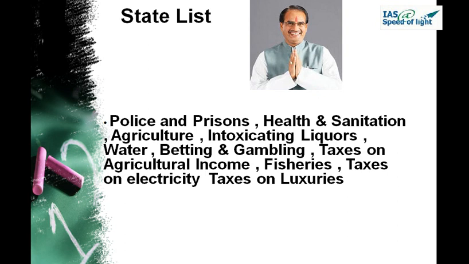So police and prisons. Health and sanitation, he is a health freak, a sanitation freak, and wherever he goes, he mops and cleans it. That is how he gets a good name in the press also. So health and sanitation, we are relating it with Shivraj Singh Chauhan.